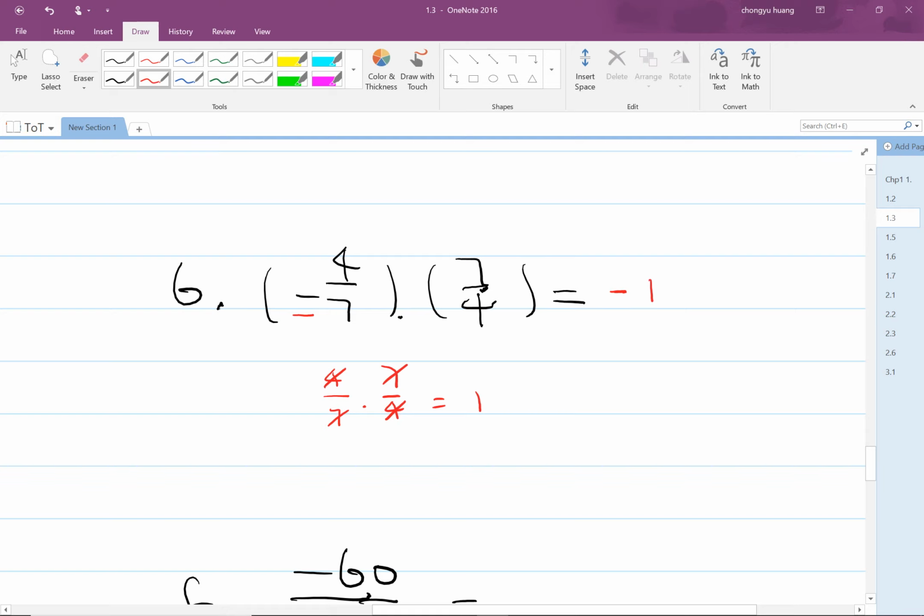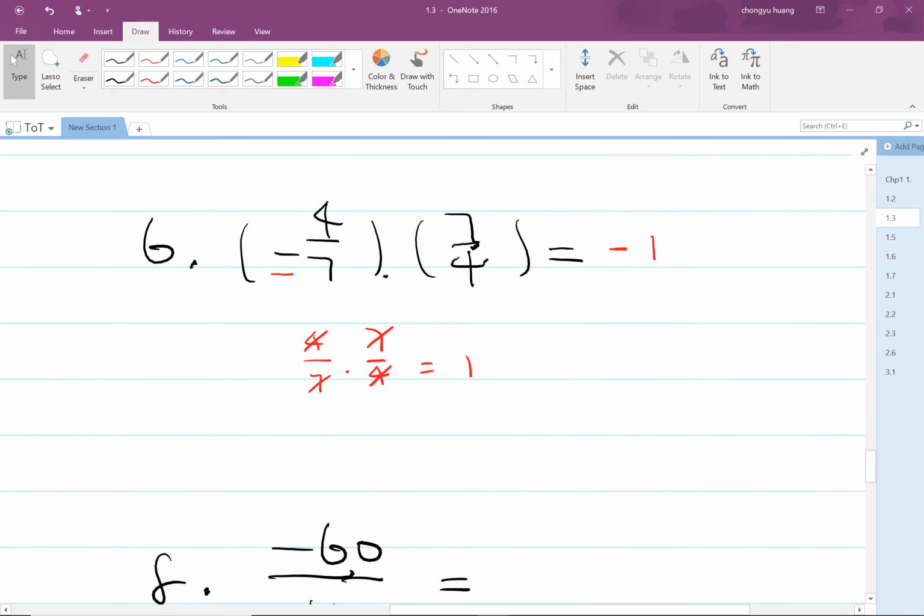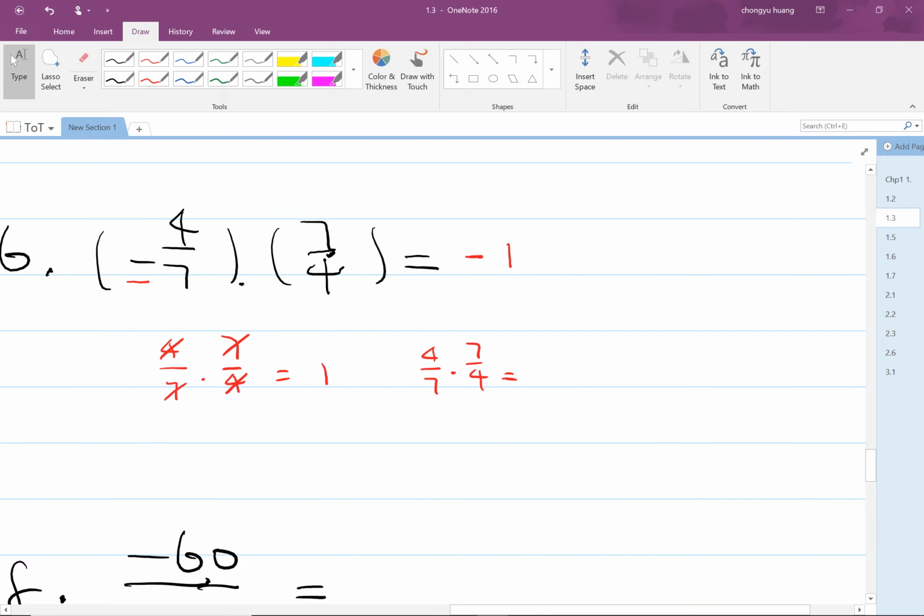But if you cannot see it, let me show you the detail about why this is equal to 1. So you see 4 over 7 multiplied by 7 over 4. You put the denominator and then put the numerator, because in multiplication you are able to just put them together.